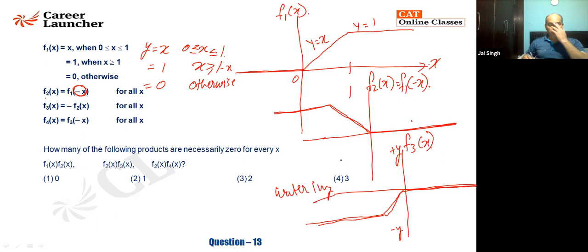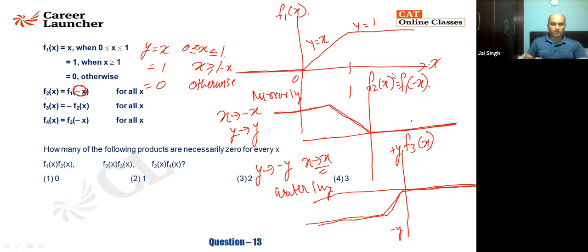I hope it is clear. If you are standing in front of a mirror, your location, your height is not changing. Y does not change. Only the positive x changes to minus x. This is the mirror image. So y does not change, but x changes to minus x. Y remains the same. In the second case, we will say y changes to minus y, x remains the same.